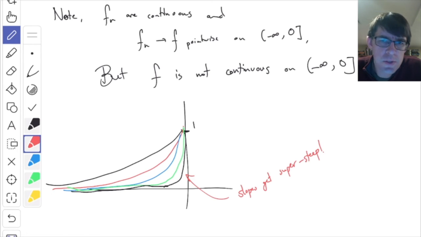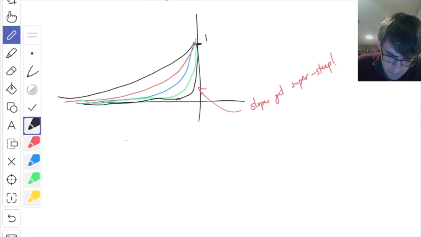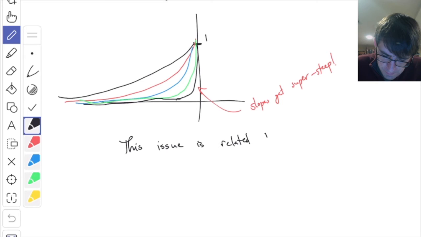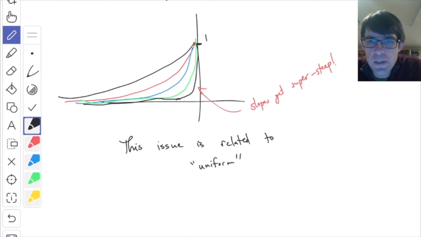This should suggest to you, maybe you'll believe me when I say that this sort of issue is related to what we talked about with individual functions, about uniform continuity.